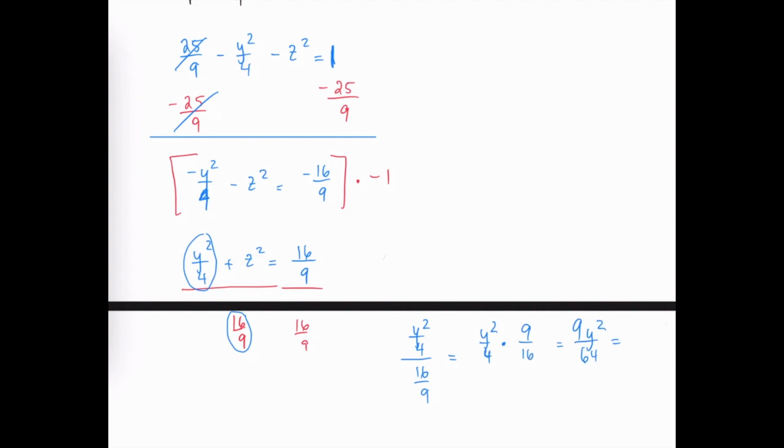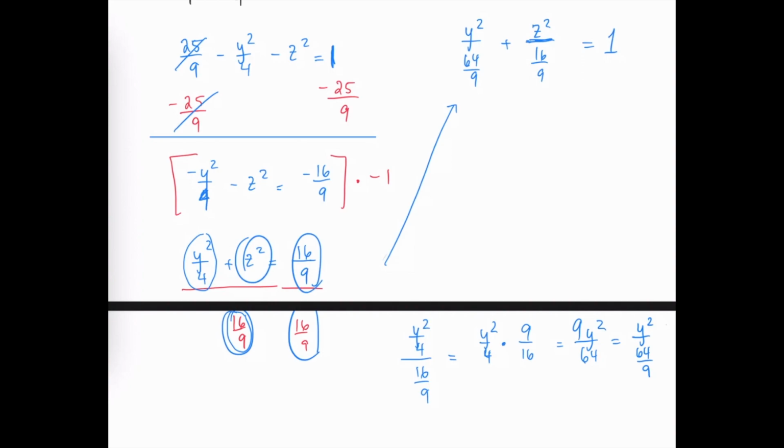So this is 9y squared divided by 64, which is the same thing as y squared divided by 64 over 9, right? Y squared times 9 over 64 is the same thing as y squared divided by 64 over 9. So we have y squared divided by 64 over 9 as our first term, plus z squared divided by 16 over 9 as our second term, and then we finally have the desired positive 1 over here on the right, which gets me into the standard form of the equation of an ellipse.